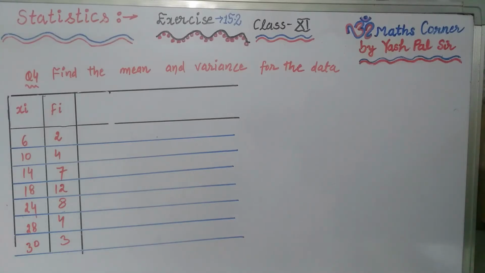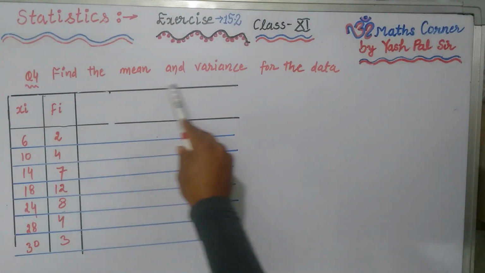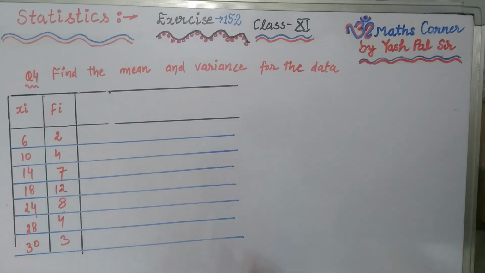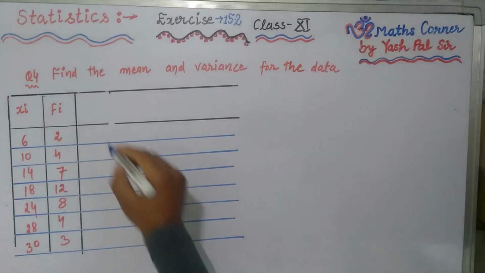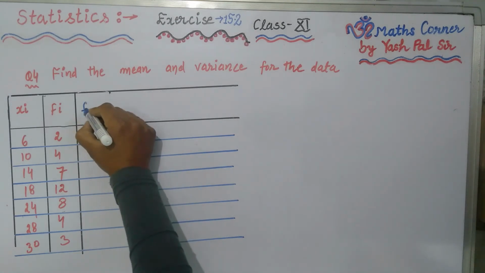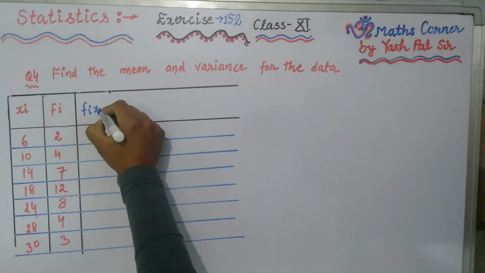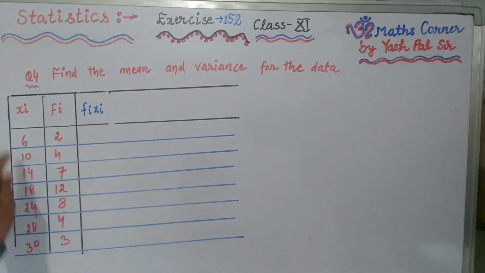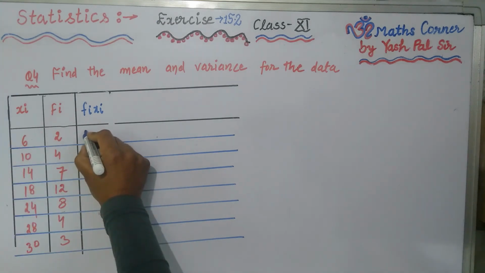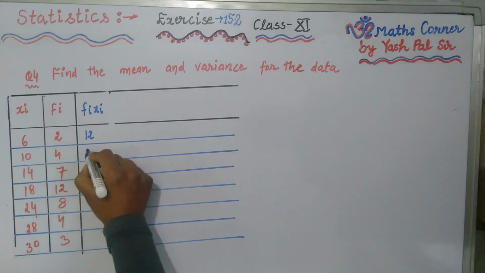Now question number 4. Find the mean and variance for the data xi, fi. Grouped data is mentioned. First of all we find the mean. For this purpose, first of all we find the value of fi xi, the product. 6 into 2 is 12, 10 into 4 is 40.